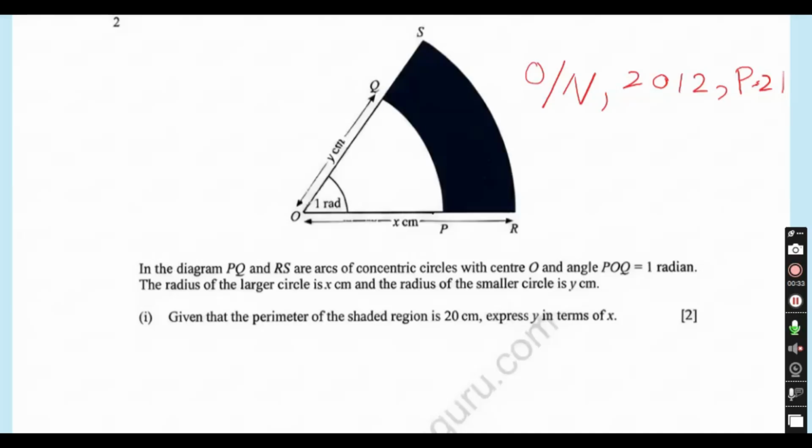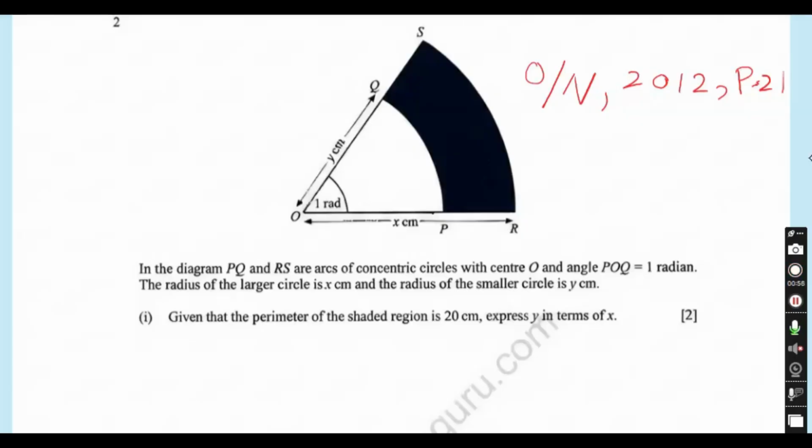The radius of the larger circle is x centimeter and the radius of the smaller circle is y centimeter. Part number 1. Given that the perimeter of the shaded region is 20 centimeter, express y in terms of x. 2 marks. Very easy question.